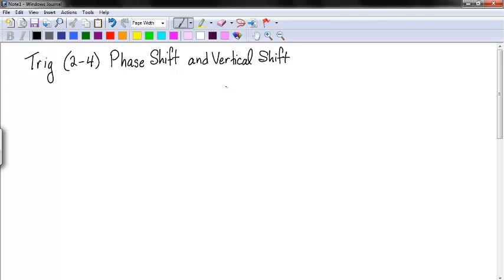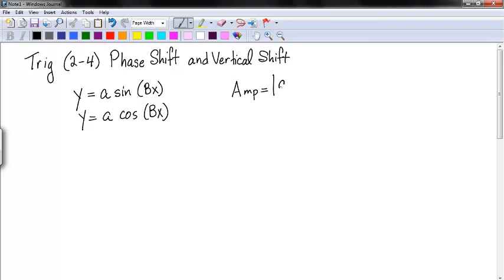What we did the other day, we had basically two equations, y equals a sine of bx, okay, and y equals a cosine of bx. And remember the amplitude is the absolute value of the number in front.